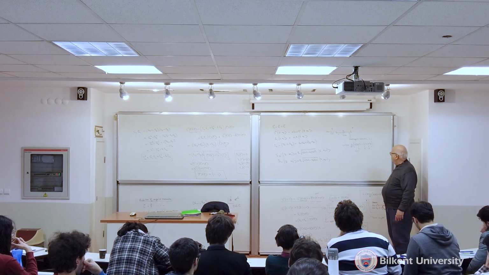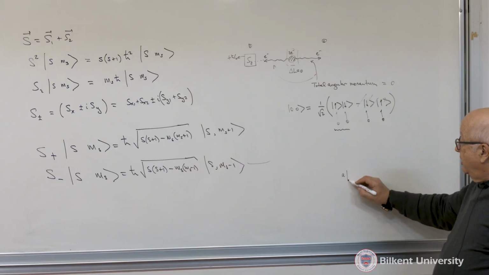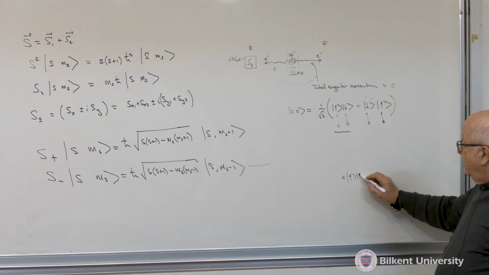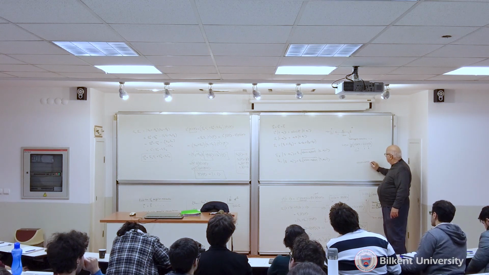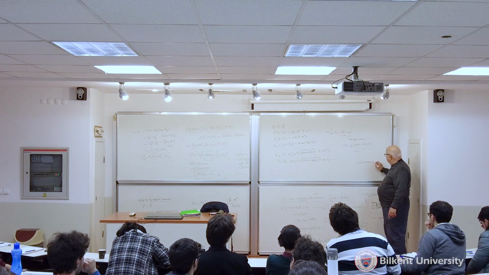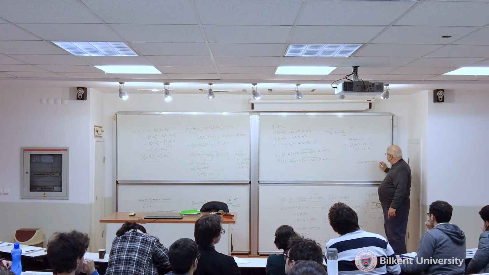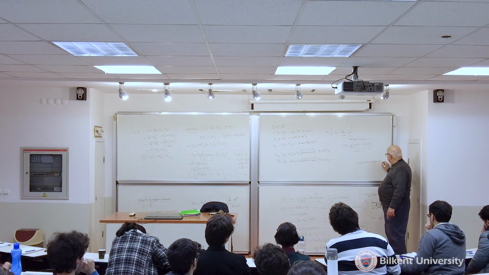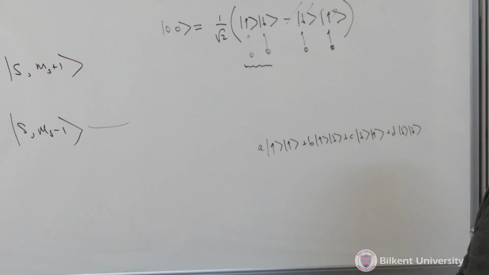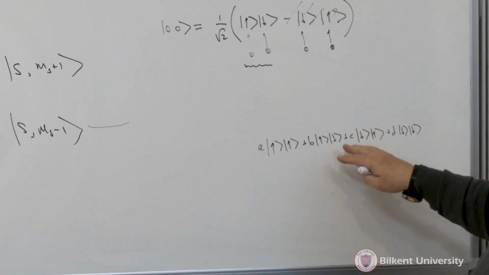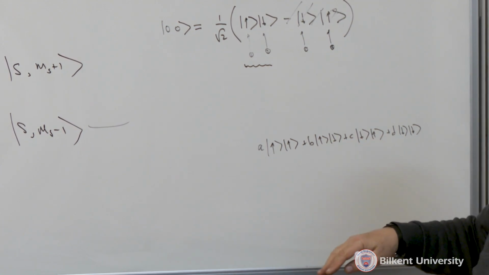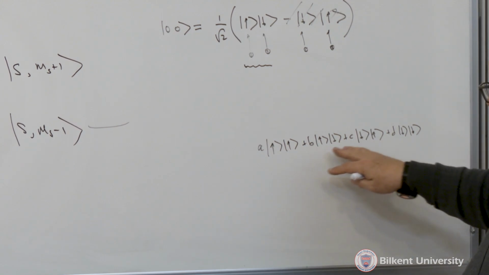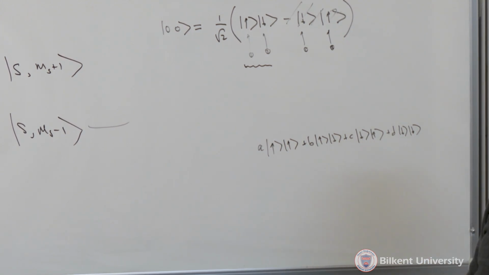So what you can do is take the most general case: A up, up, plus B up, down, plus C down, up, plus D down, down. And just find the inner product of this with the first object, second object, third object, and find out what relation these things must have.